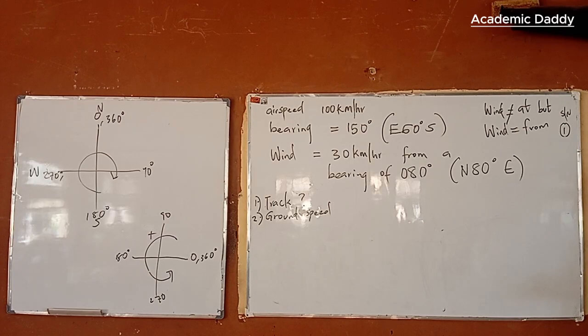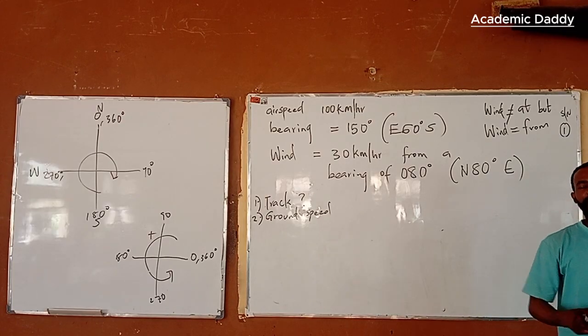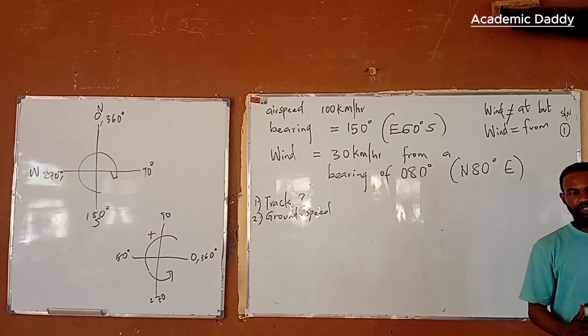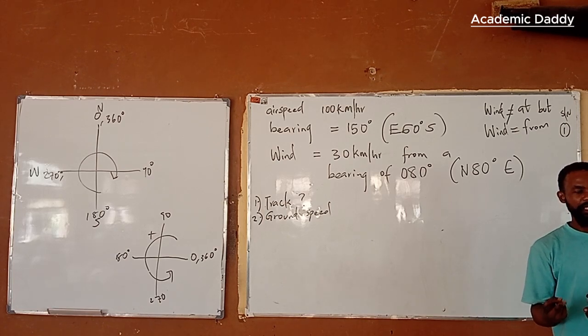Wind is never at a place. Rather, the wind can move from this side to the other side, or from here to here. So anytime you see wind in a question, notice that the helicopter is moving, wind is also moving, which means we are talking about two movements there. Two movements means we are talking about relative motion.